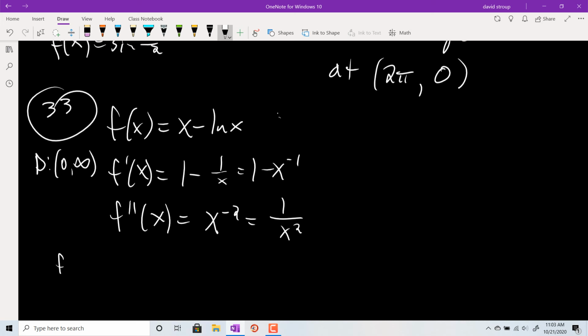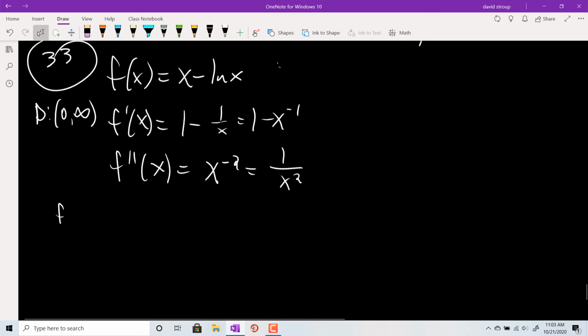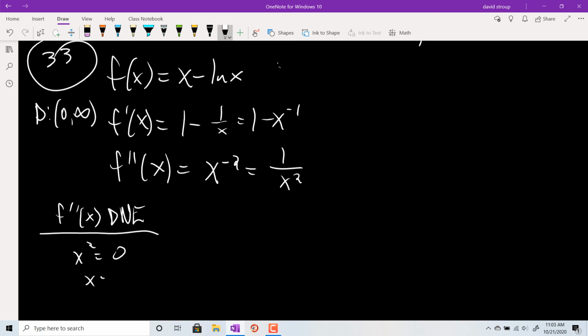Okay, so anyways, I'm going to be looking at that interval for my critical numbers, or sorry, my potential inflection points. And first off, where does the derivative not exist? And clearly that's at 0. 0 is not in the domain though, right? So how did I figure out it wouldn't exist there? I set the denominator equal to 0, right?